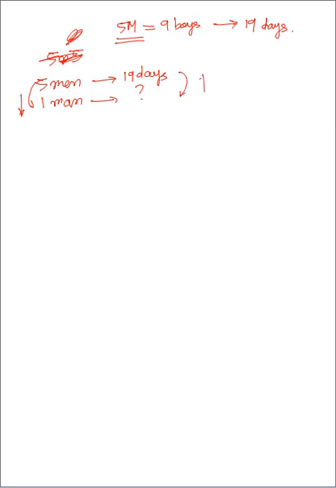Inversely proportional, right? So 1 man will require 5 into 19, that is 95 days. Why? Because he is alone, so he will take 95 days to complete. So 1 man's per day work is 1 by 95.